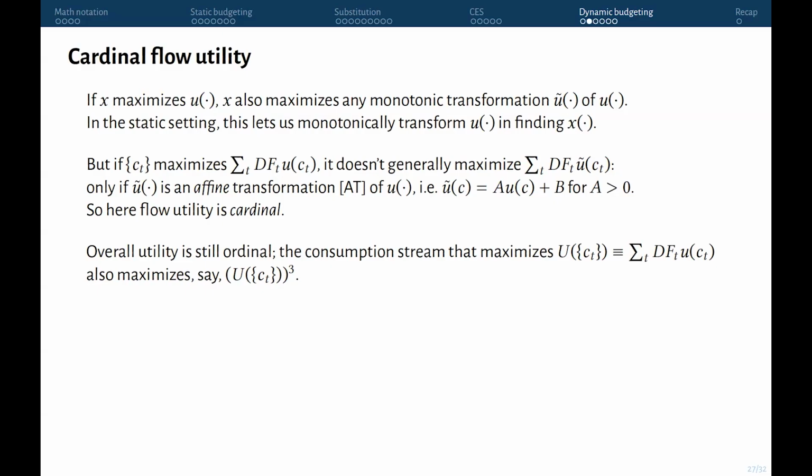Should I explain it? Let's say there's only one good at each time to make things really simple, which is what we have been assuming. And you start out with the utility function as log. So you want to maximize log of consumption now plus discounted log of consumption next period plus discounted log of consumption in the third period.